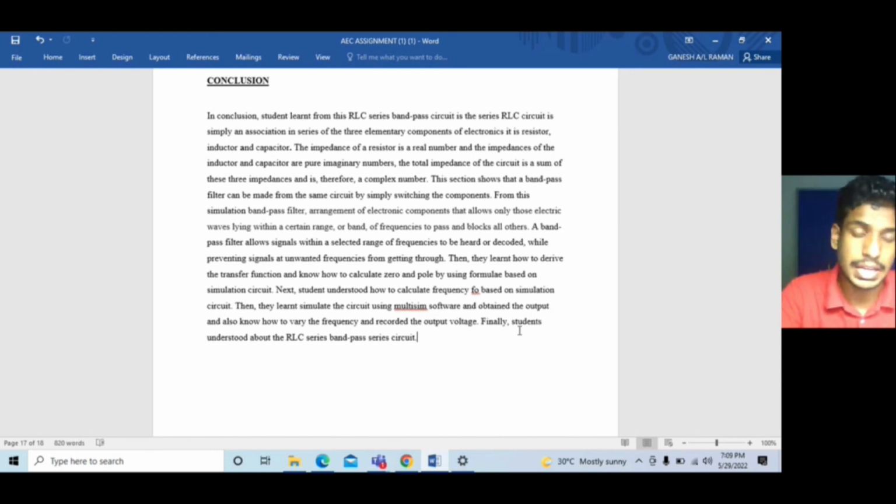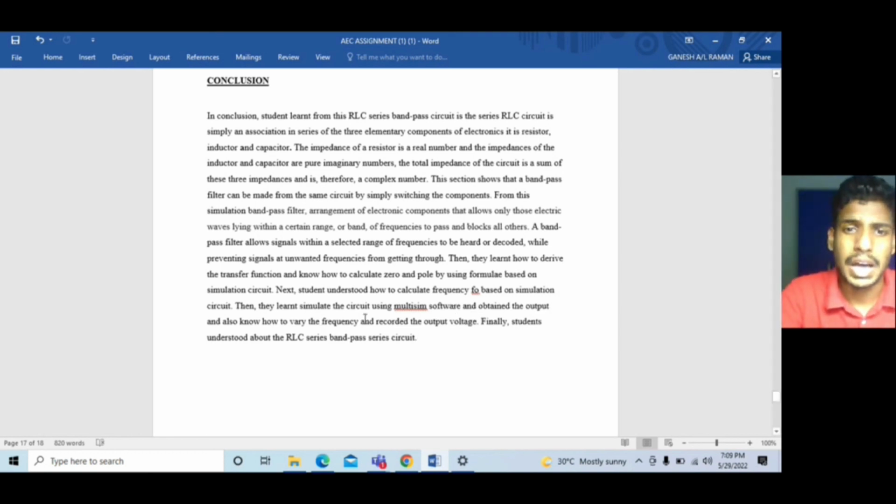Then we learned how to calculate the zero and pole based on our simulation circuit value. Whatever calculation we do is based on our simulation circuit value.